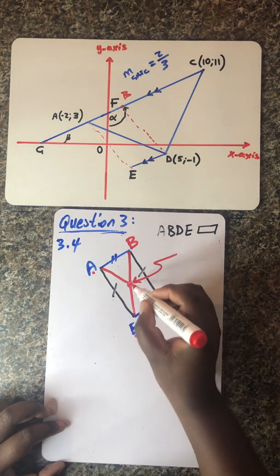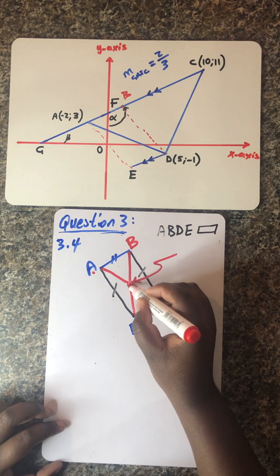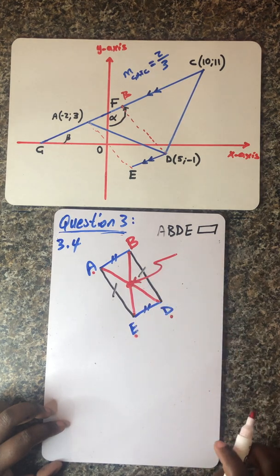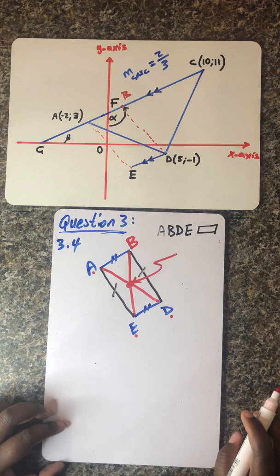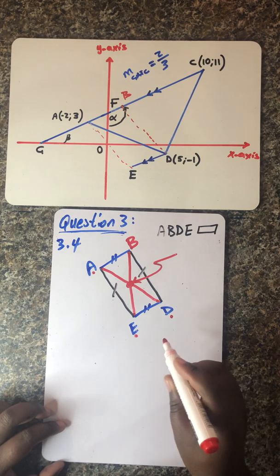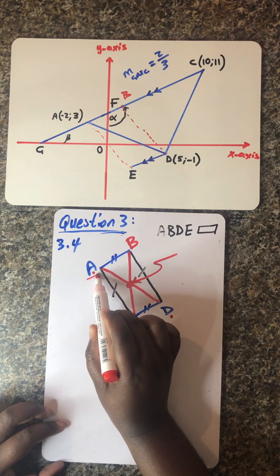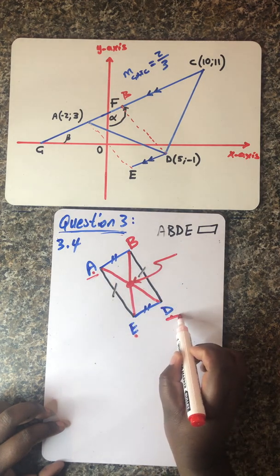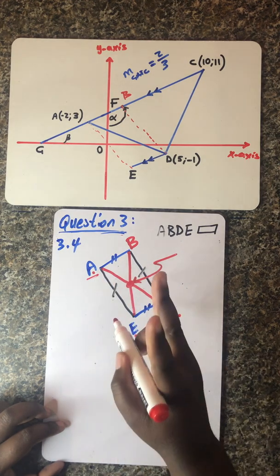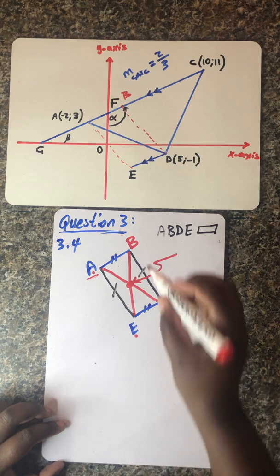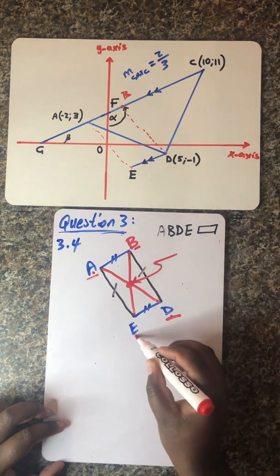So at that point, you've got information which is very, very much important in order to assist you to answer questions related to this triangle. That means you can make use of the coordinates of A and D to find two things about B and E.